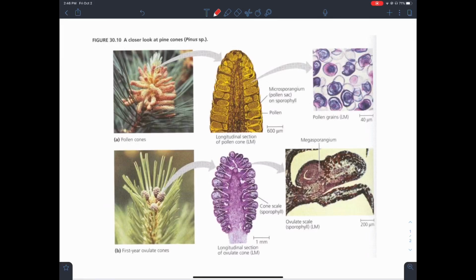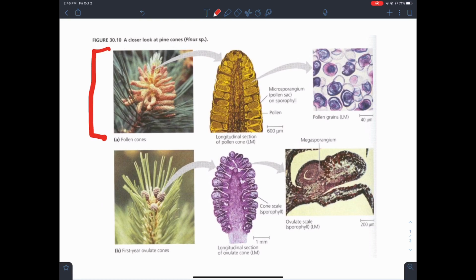Okay, now I want to bring you back into my iPad so we can look at some of the more microscopic features of the gymnosperm life cycle. Now, again, these are heterosporous plants. The video is really focusing on the ovulate cones, but I want to talk first about what makes these things heterosporous, and that's the fact that they make two different spores.